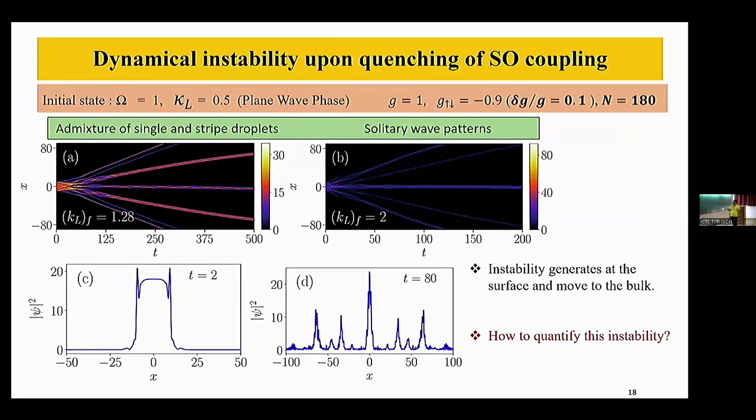A similar feature we can see if we give a quench in the spin orbit coupling, which leads to some extra motion of this droplet. It shows several complicated behaviors that we can capture again through the real space profile. So the question arises of how to quantify this sort of instability that we are achieving here by quenching the parameters.